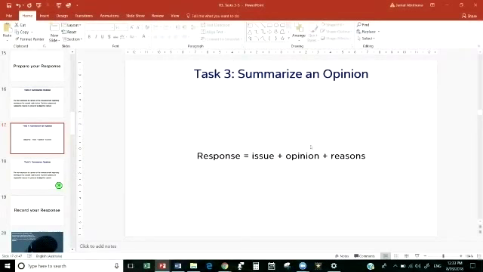What was the opinion? The opinion of the guy was that the girl should apply for the job. And what were the reasons? He gave 2 reasons, because practical experience is more important than grades, and it will help her get a job in the future. So keep it nice and simple, it doesn't have to be too complicated.